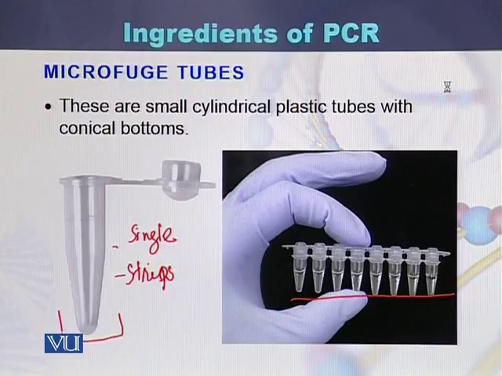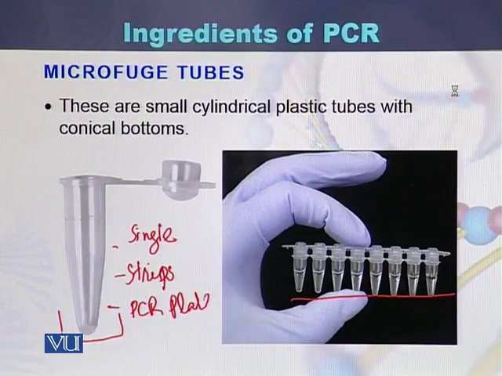So PCR tubes can be in the form of a single tube, a strip, or a PCR plate. In a PCR plate, there are 96 tubes joined with each other in the form of a plate. So the microfuge tube is where the PCR reaction is performed.